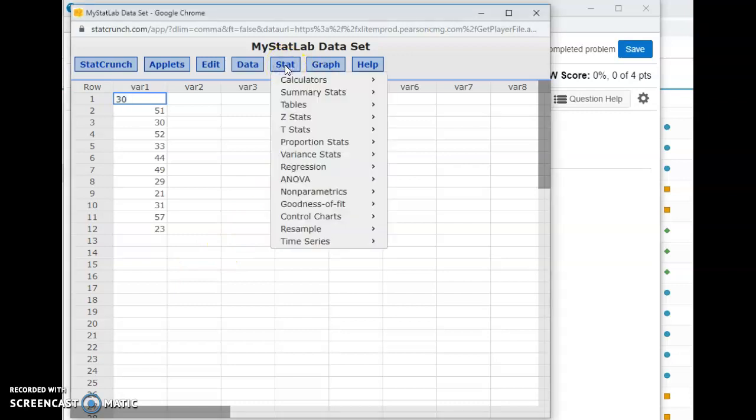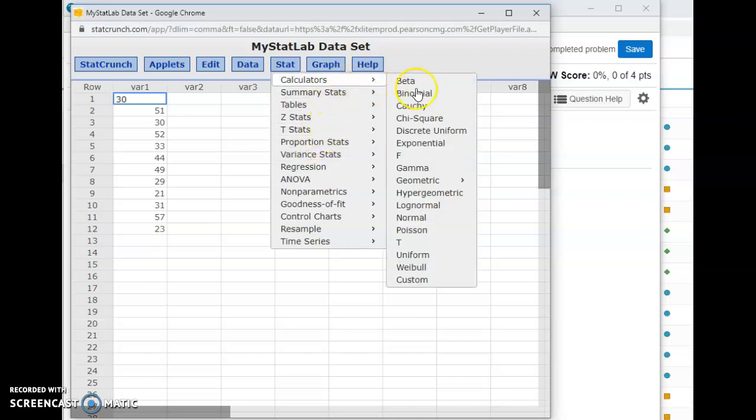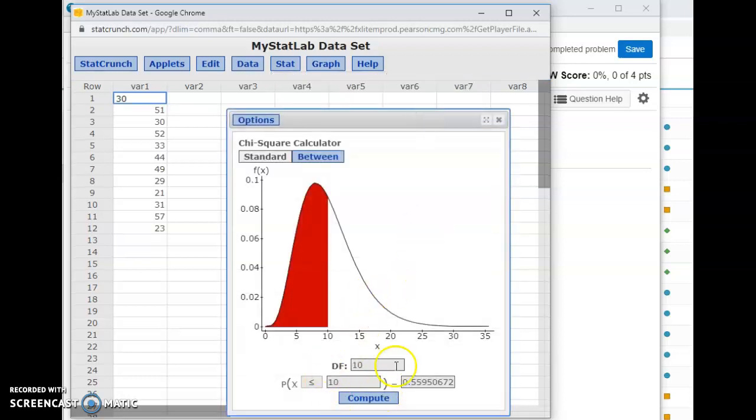So if I want to do a confidence interval, I come down to Variance Stats because standard deviation is related to variance. Remember, this is going to give me a confidence interval for the variance, so I have to take the square root of those values. If I'm getting critical values, the sampling distribution for the standard deviation follows the chi-squared distribution, so I can get critical values by pulling up the chi-squared calculator.